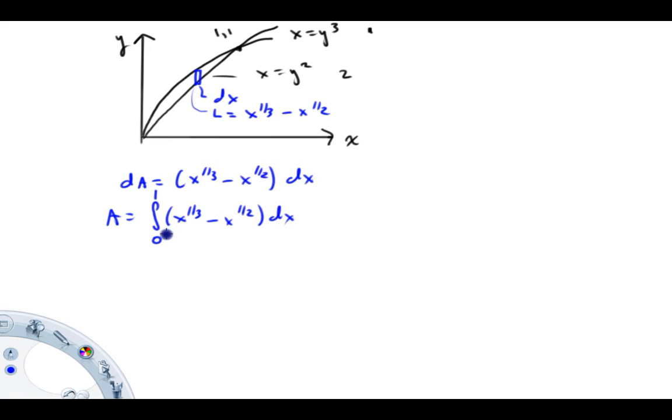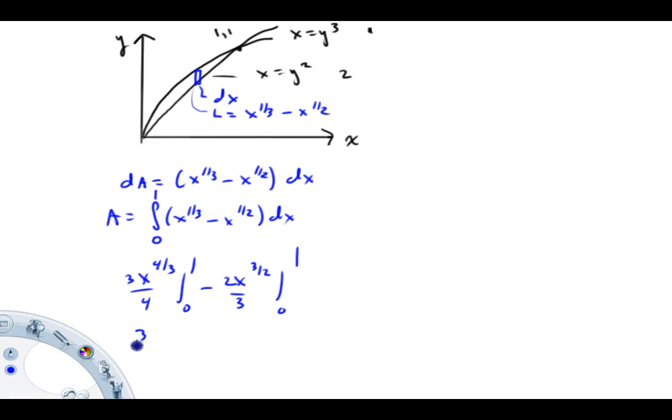And if I go ahead and work this out, the antiderivative of x to the 1/3 is x to the 4/3 times 3/4, evaluated from 0 to 1, minus the antiderivative of x to the 1/2, which is x to the 3/2 times 2/3, and again that's evaluated from 0 to 1.